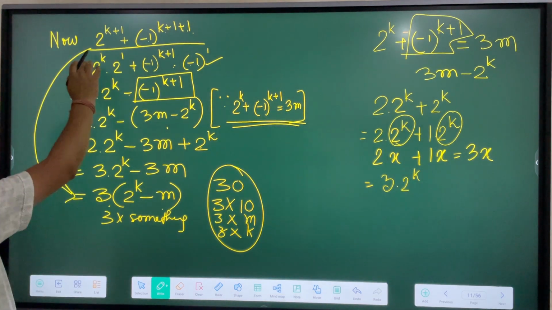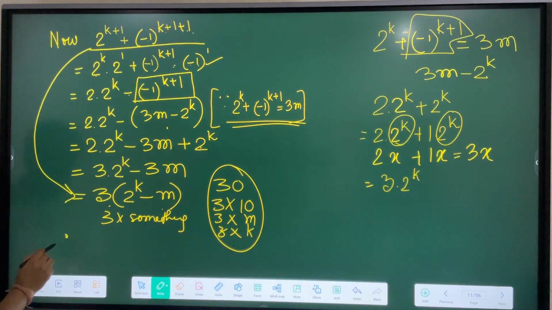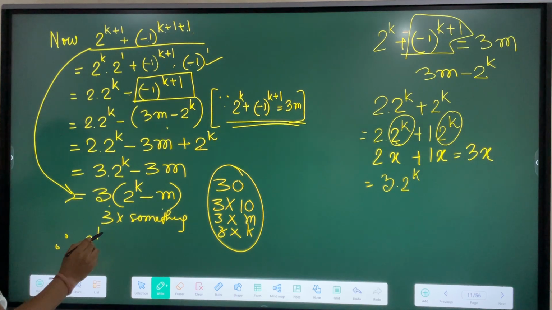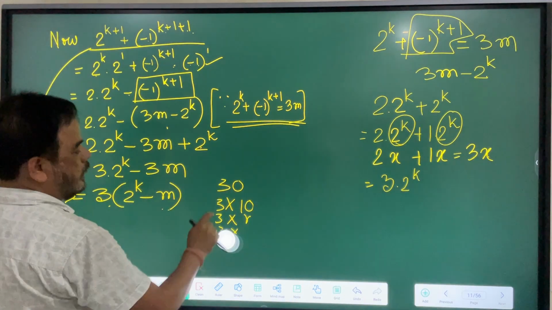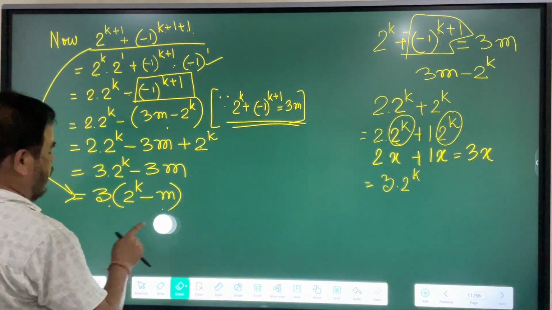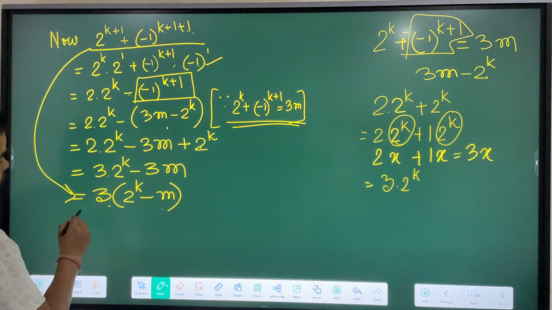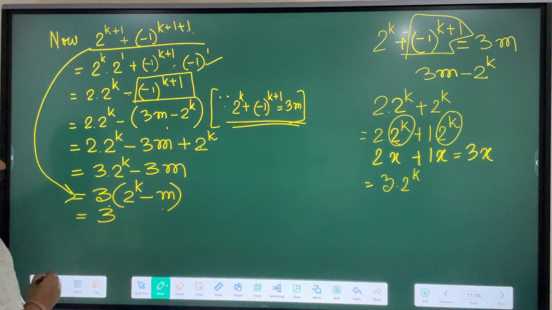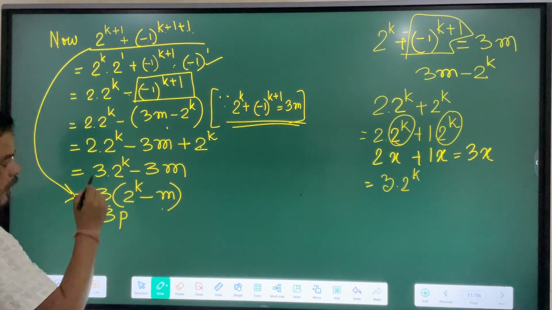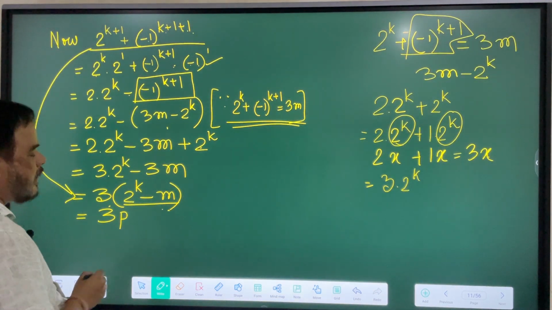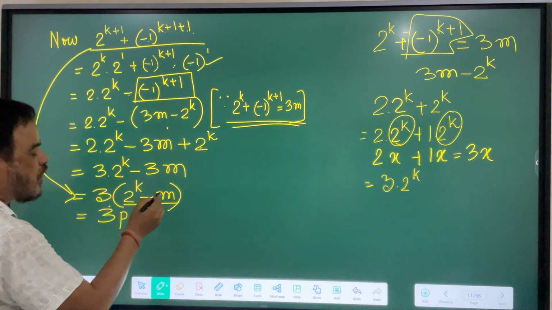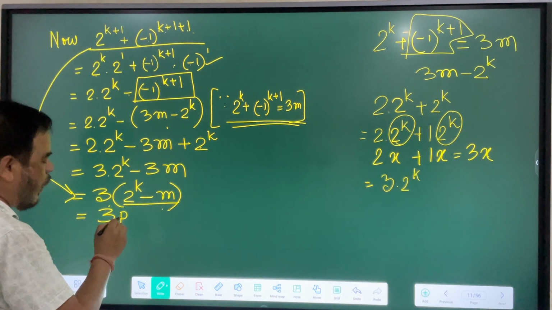Therefore we can write 3p in place of 3 into (2 to the power k minus m), because k is an integer and m is an integer, so altogether one integer is taken.